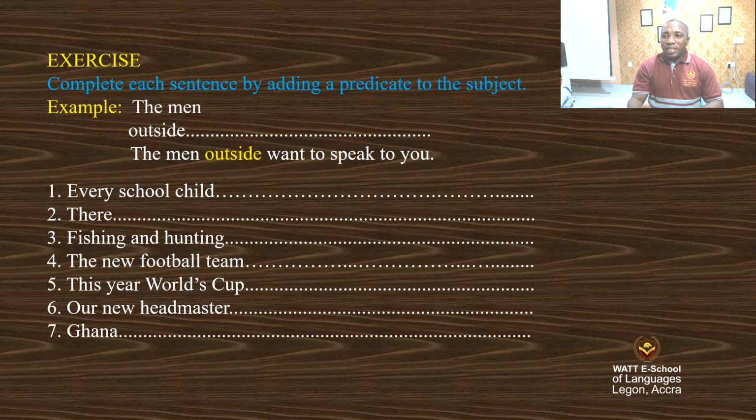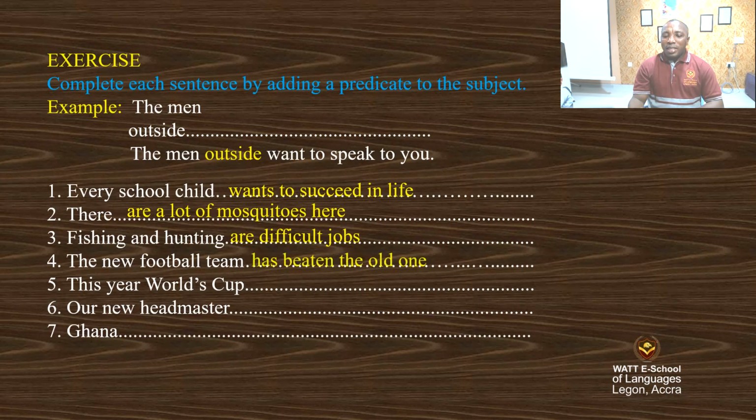So we are going to complete these sentences with predicates. Every school child wants to succeed in life. There are a lot of mosquitoes here. Fishing and hunting are difficult jobs. The new football team has beaten the old one. This year's World Cup is played on 2 fields.